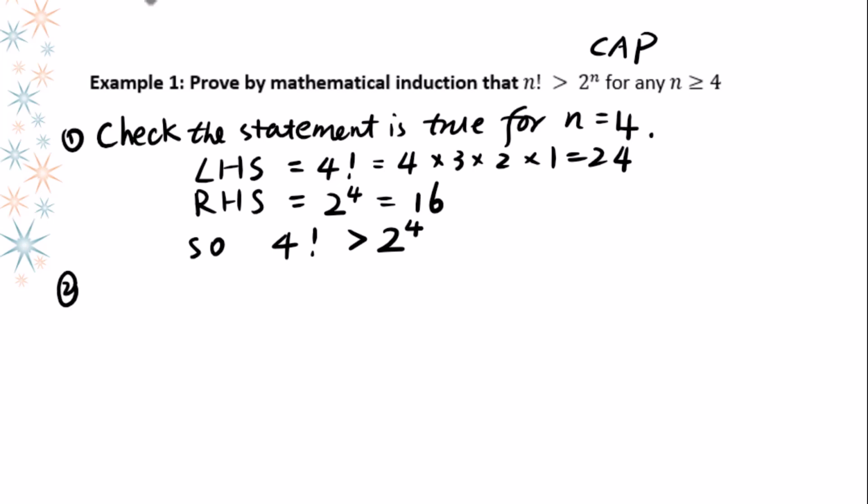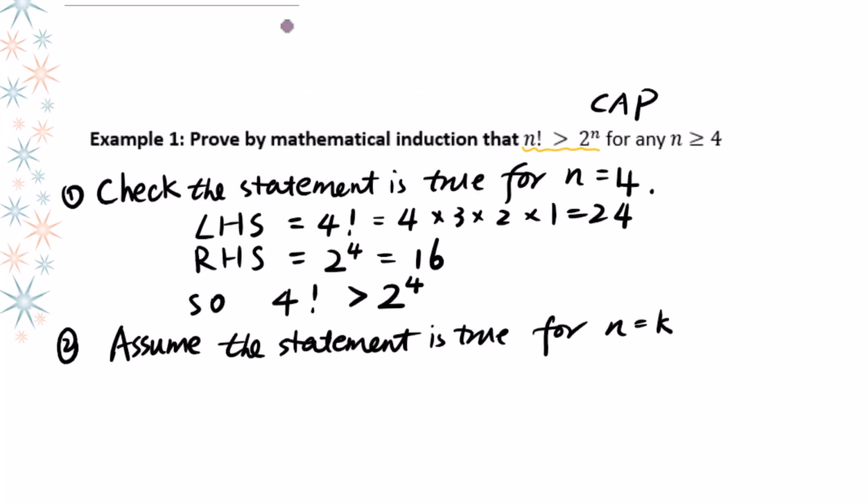Step 2. Assume the statement is true for n equals k. We will change every single n into k. k factorial is greater than 2 to the kth power for any k greater than or equal to 4.